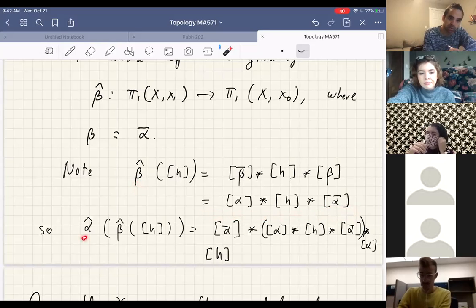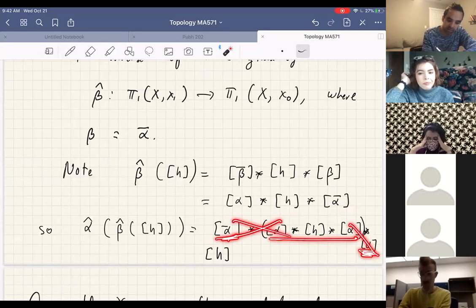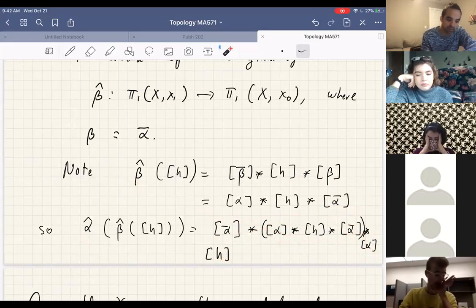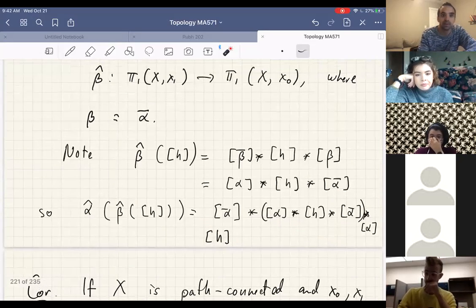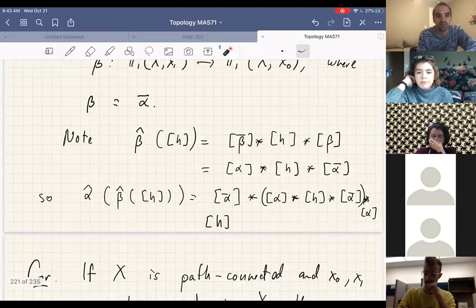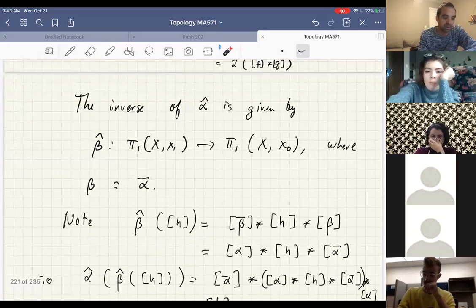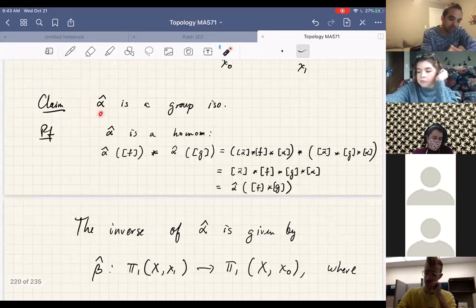And then when I compose with alpha, so I conjugate in this way, then I conjugate the other way. So these cancel, and I get H back, for example. So the composition of these two is the identity. Similarly, the other composition will give you the identity. So this will define the inverse homomorphism, and thus alpha hat is an isomorphism of groups.